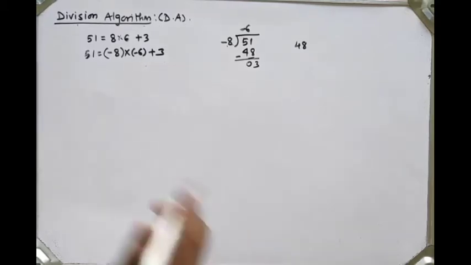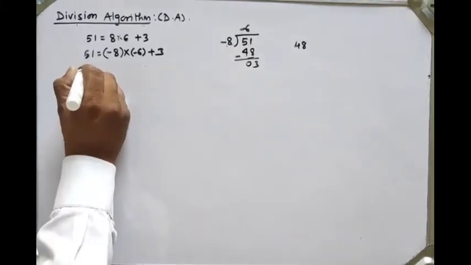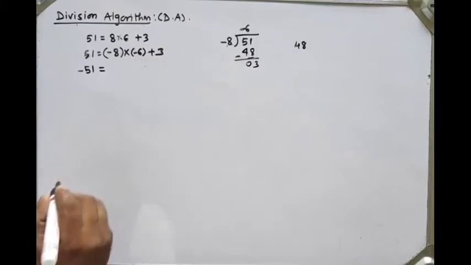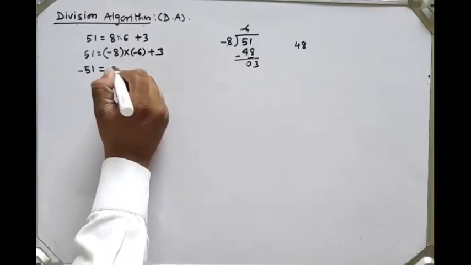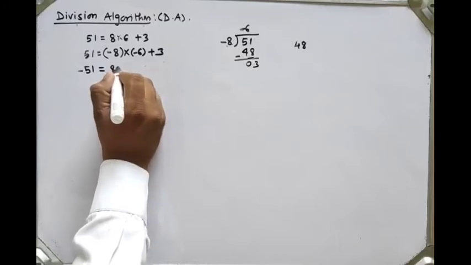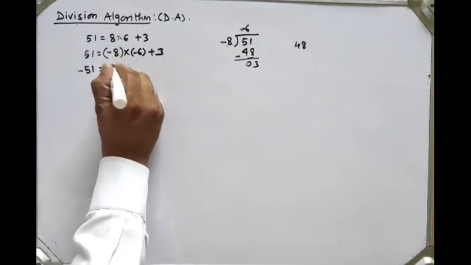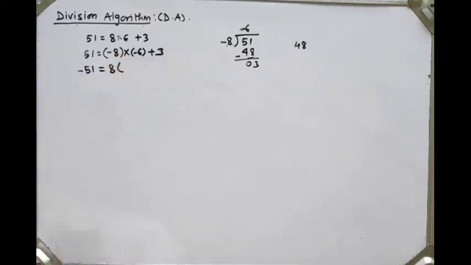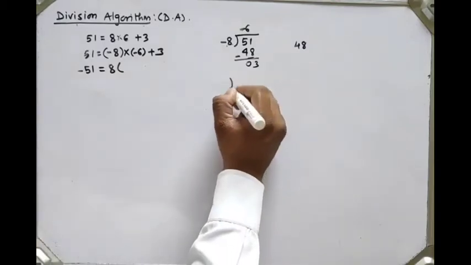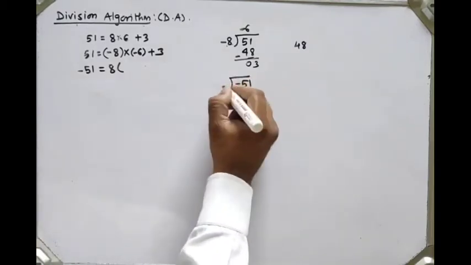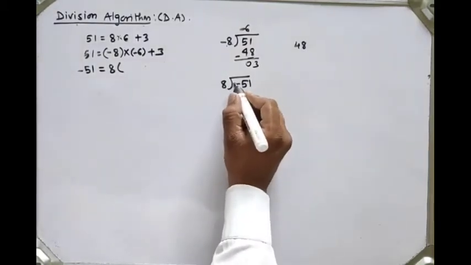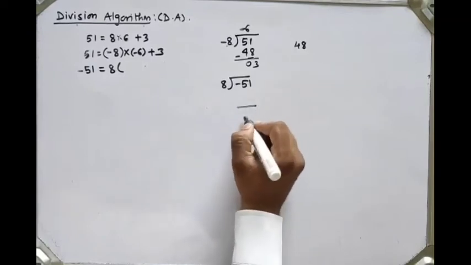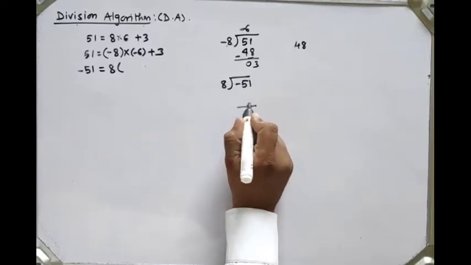Now if I take minus 51 as the dividend and 8 as the divisor, what will be the quotient? The remainder should always be positive, right?